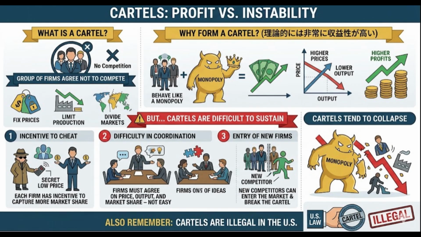Number three, entry of new firms. New competitors can enter the market and break the cartel. Because of these reasons, cartels tend to collapse over time. And remember, cartels are illegal in the US, so firms cannot openly form them.